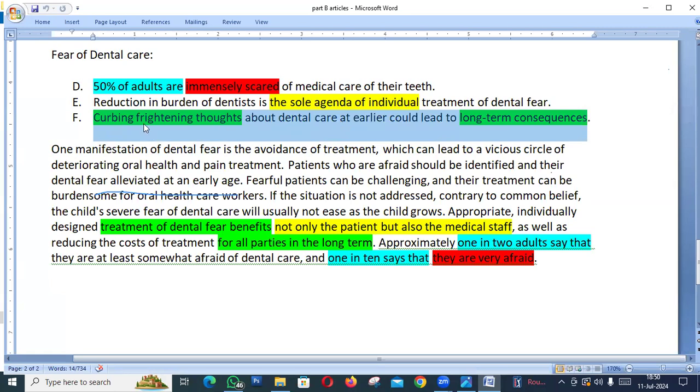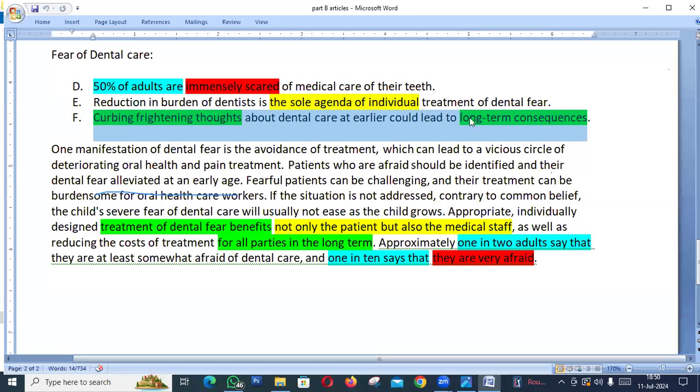So here they're saying curbing frightening thoughts about dental care at earlier stages could lead to long-term consequences. Individually designed treatment for dental care benefits not only the patient but also the medical staff, as well as reducing the cost of treatment for all parties in the long term.